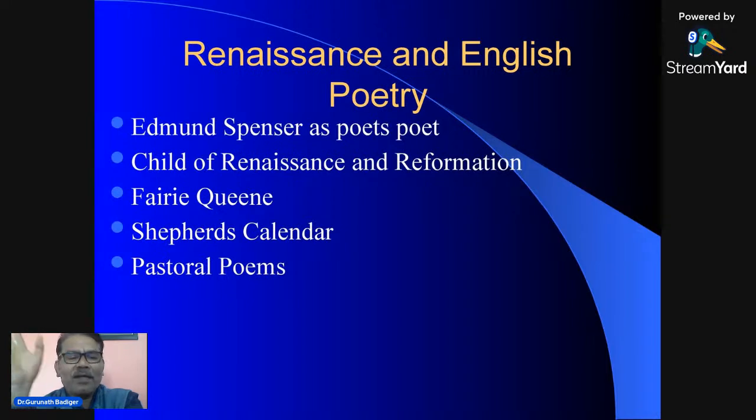Who are the characters alluded to here? Who is Prince Arthur? Who is Queen Elizabeth? What is exactly the allegory? These things can be looked into. Focus can be more on the first and second book, and knowledge of other books is necessary.